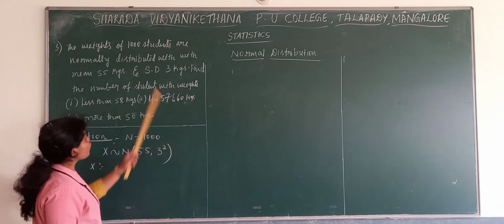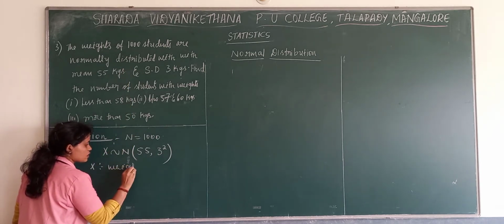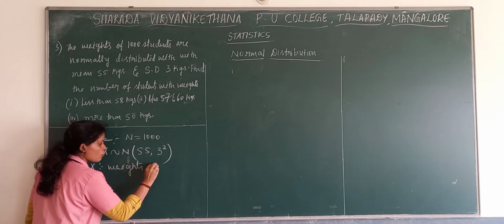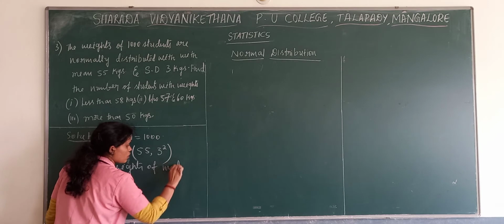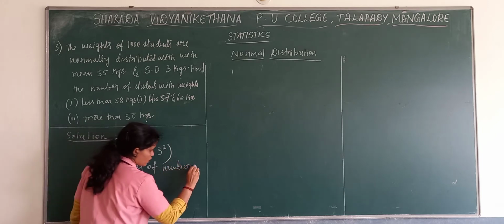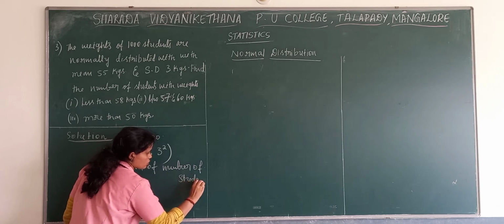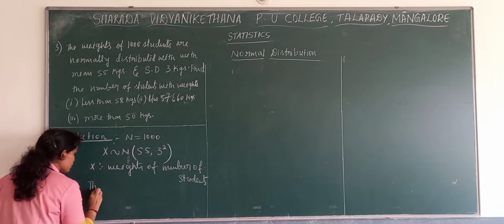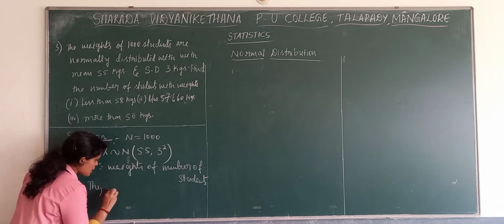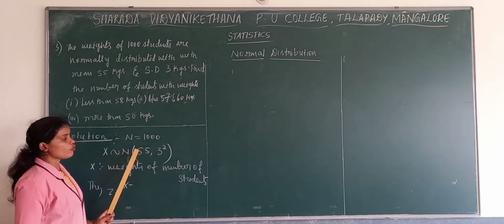What are you finding out here? Weights of the number of students. Then z is equal to x minus, what is the value of mu?